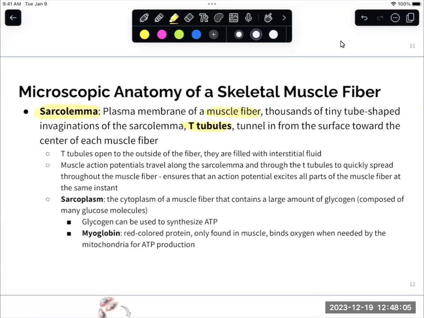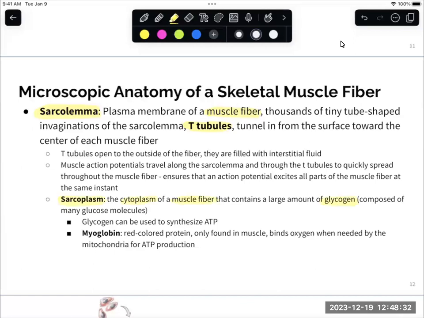Within this sarcolemma, around all of these individual myofibrils, we have this sarcoplasm, which is the cytoplasm within a muscle cell. There's a lot of glycogen. Glycogen is a chain of glucose molecules. It's the way our skeletal muscles and our liver store glucose.